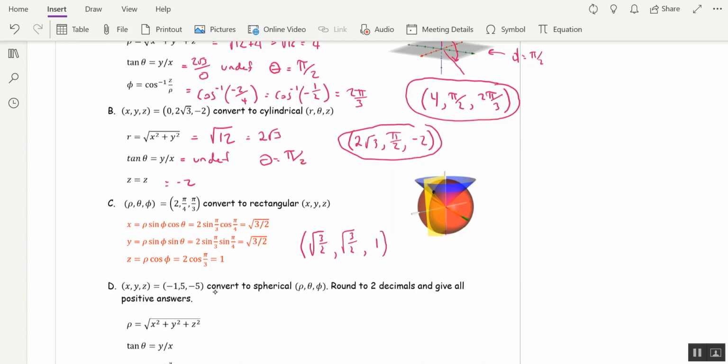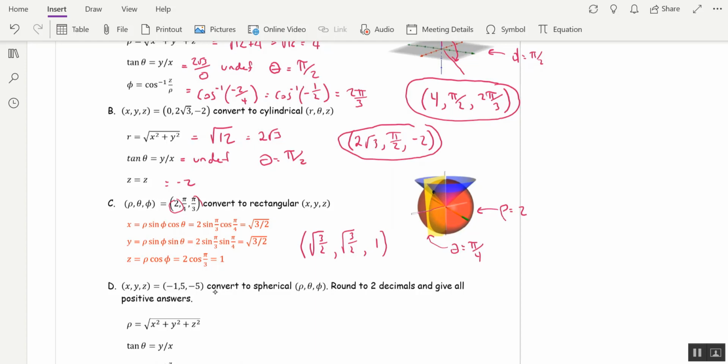But I wanted to point out what this picture means here. When you specify rho, like rho equals 2, that would be the red sphere. So if rho is 2, you're somewhere on that sphere. When you specify theta, theta equals pi over 4, you're specifying what plane you're on, somewhere on that yellow plane.